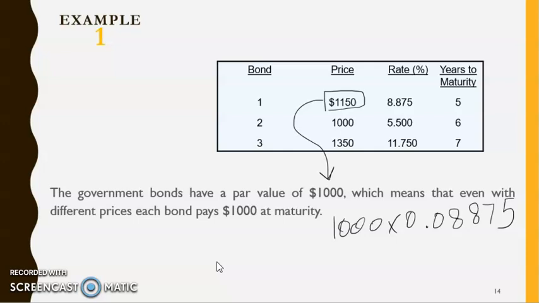So you will get some interest income from them, and finally at maturity they give you $1,000. It means that you are investing $1,150 now, but you will get $1,000. So it's your decision to do this or not.